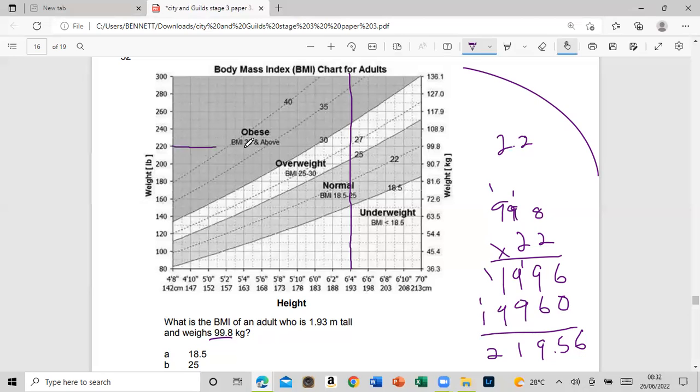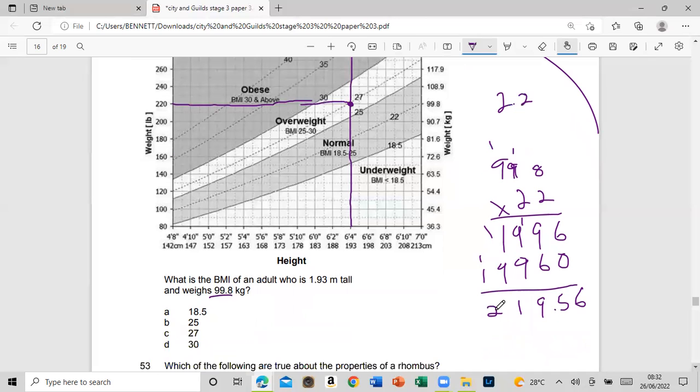Bro, you see 98.8 over here? Jesus Christ. Guys, I honestly did not see the conversion over here. So right here would be about what, 26, 27?